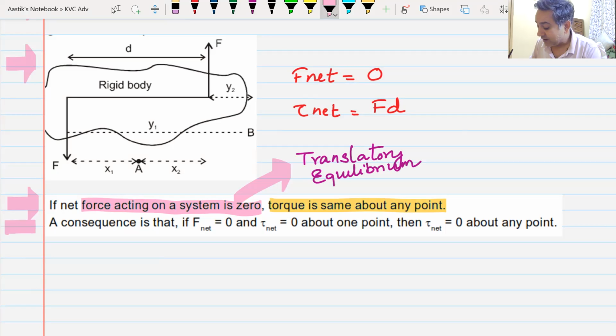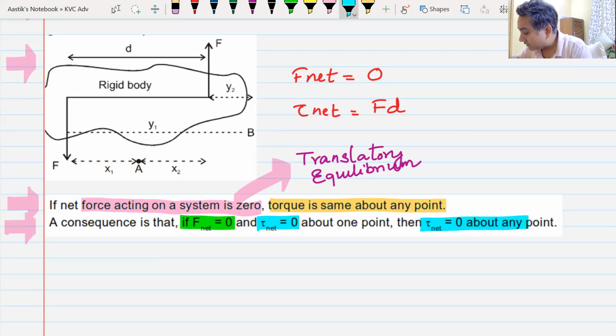Now you can combine these two. I will write it again.